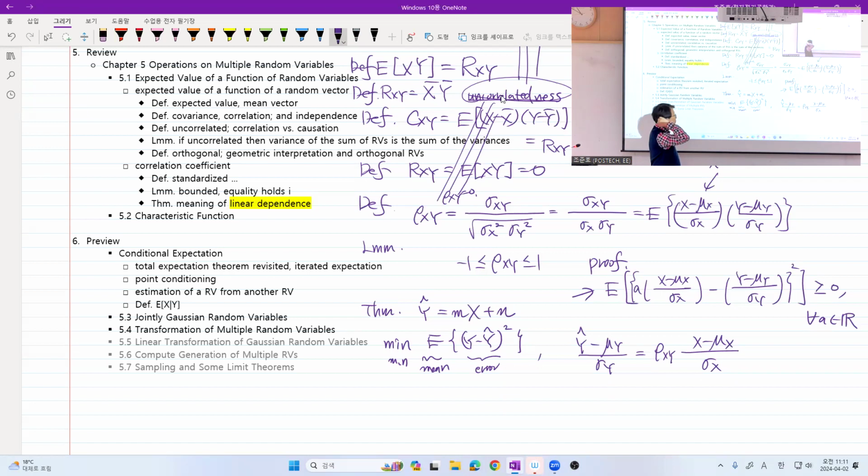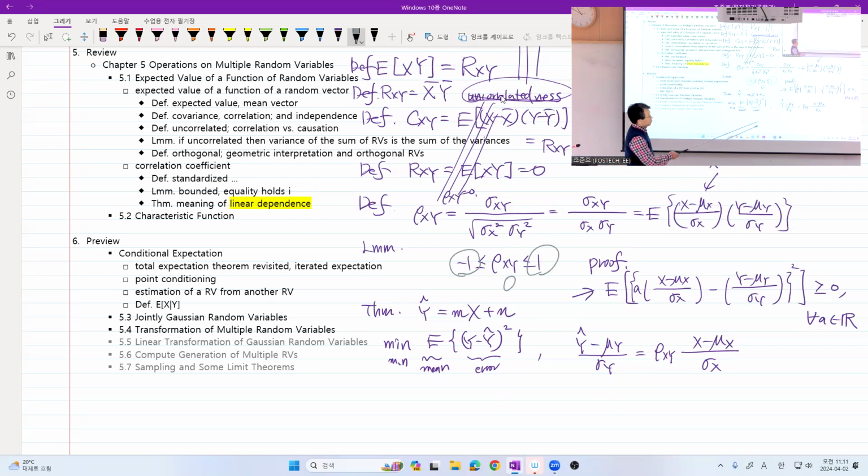Anyway, yeah, I believe I'm correct. So this proof is motivated by this mean squared error minimization, for the affine approximation of Y in terms of X. Got it? We are interested in the cases where the correlation coefficient equals -1, +1, and of course 0.